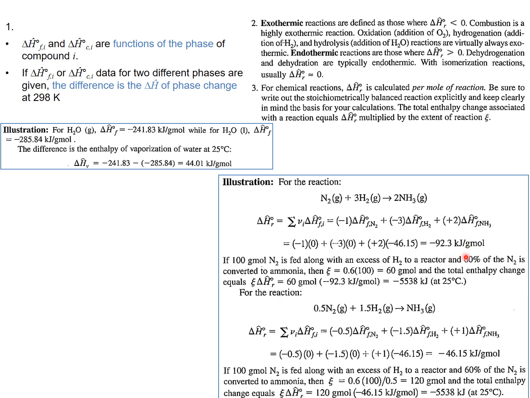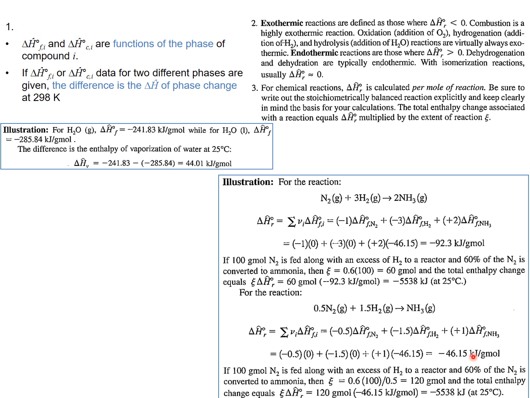Again, the unit is some energy per gram mole of reaction, but the bases are different to each other. In this case, 1 mole of nitrogen. In this case, 0.5 mole nitrogen. So when you divide each value of reaction enthalpy by the stoichiometric coefficient of nitrogen, we still have 90 for the first case, and the second case is also going to 90 after dividing the original value by the stoichiometric coefficient. So ultimately we have the same reaction enthalpy.